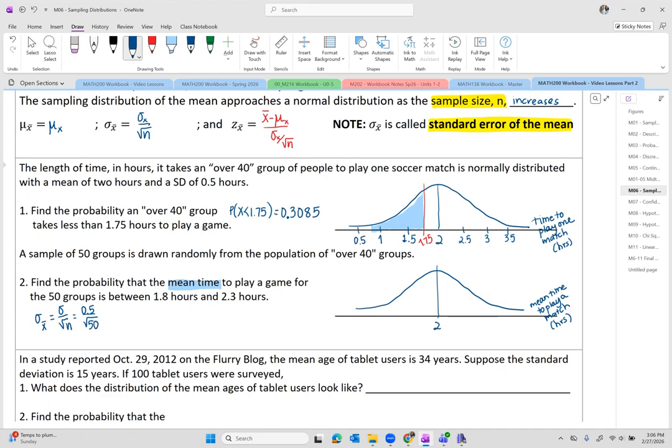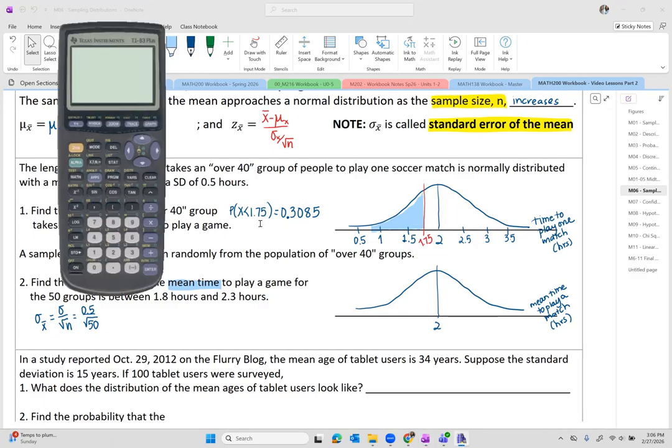So I'm going to go in my calculator to find out how much that is. 0.5 divided by the square root of 50 is this number, 0.07071.